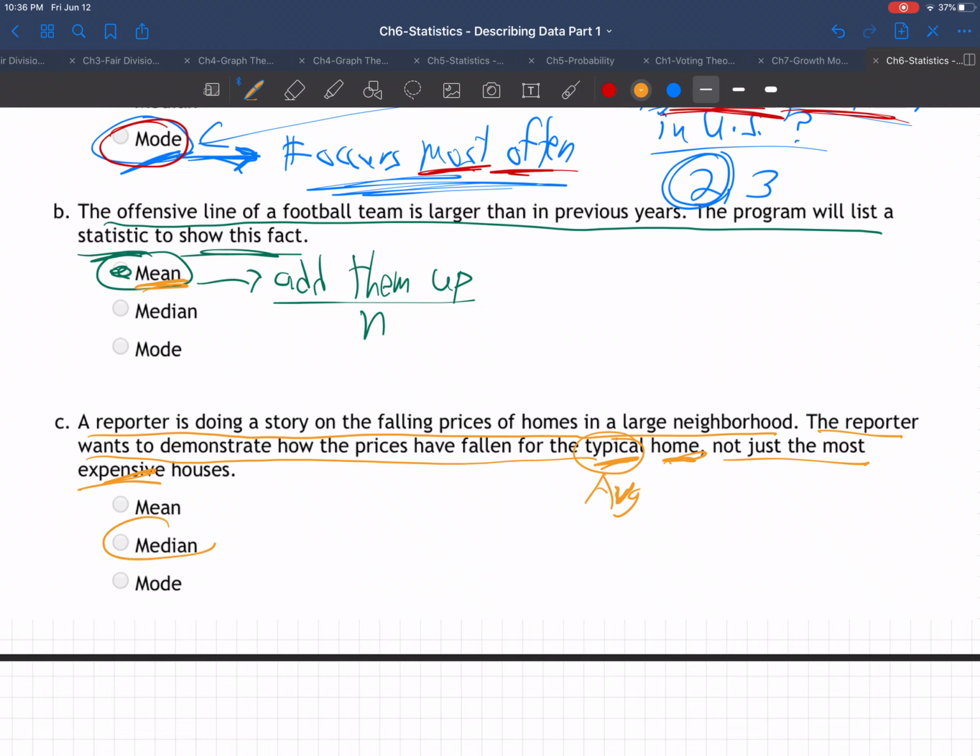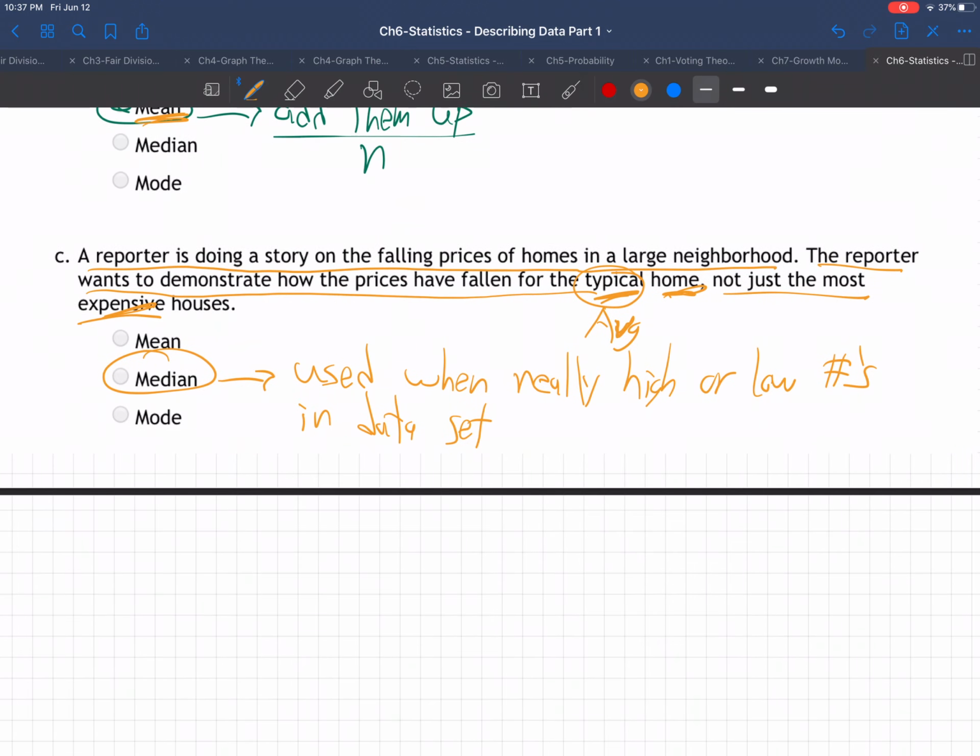That would be median. Median is used when we have really high or low numbers in the data set. If you have super high or super low numbers in the data set, it can throw things off, right?